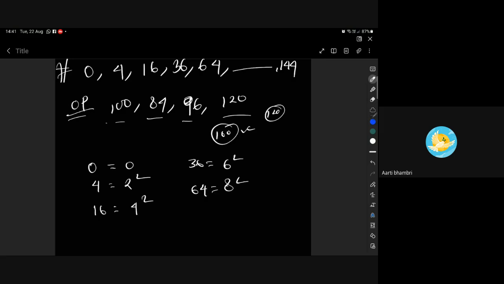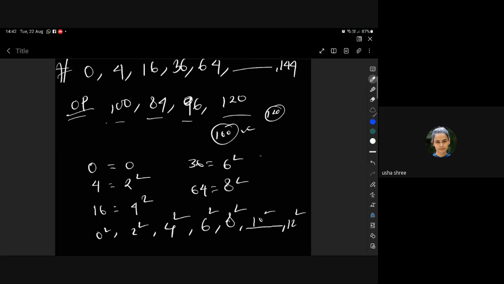So the series, if I rewrite it, will be 0 square, 2 square, 4 square, 6 square, 8 square. What will be the next number? 10 square. So next is 12 square. 12 square is 144. Understood? So the missing number is 100. 100 is the answer.